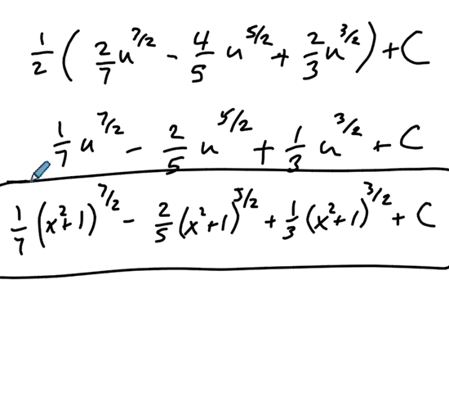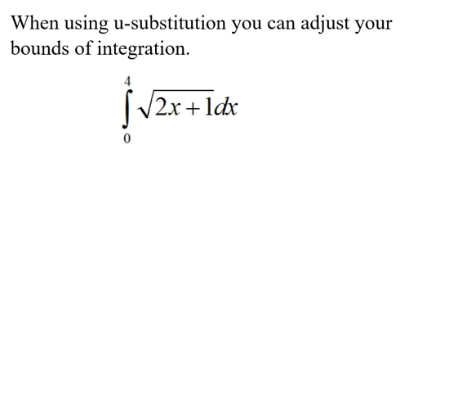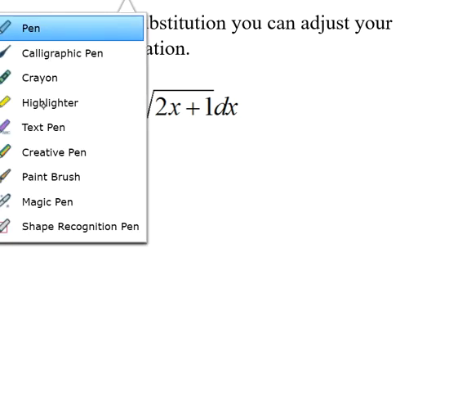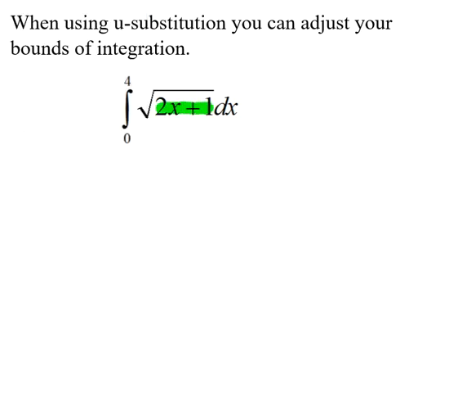Now the other objective we wanted to look at today is doing the same thing with a definite integral. When we have a definite integral, what we can also do is adjust the bounds of integration. So I'm going to still do my same step, identify what my u would be.